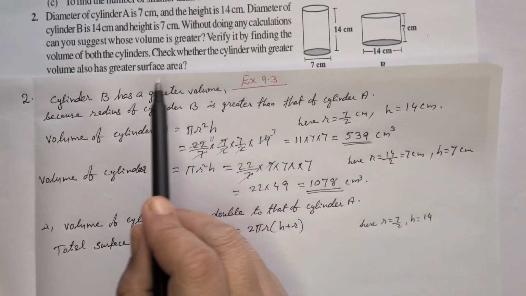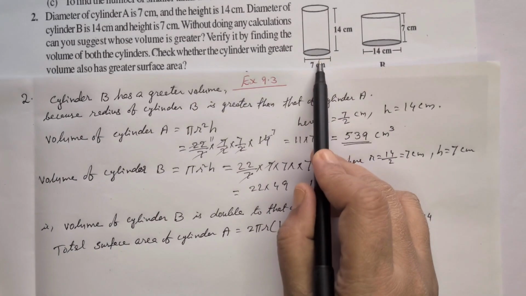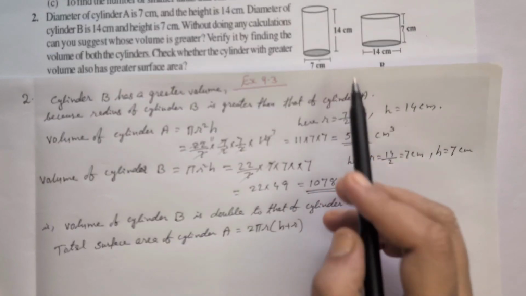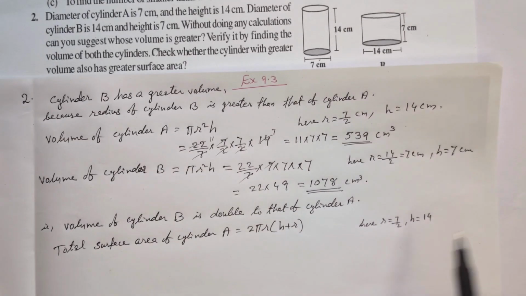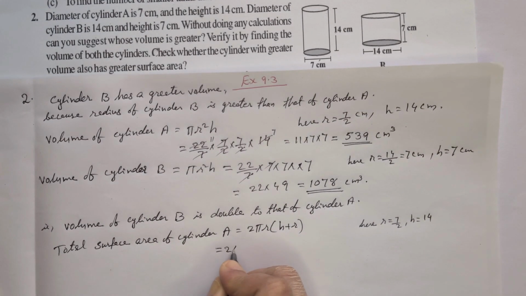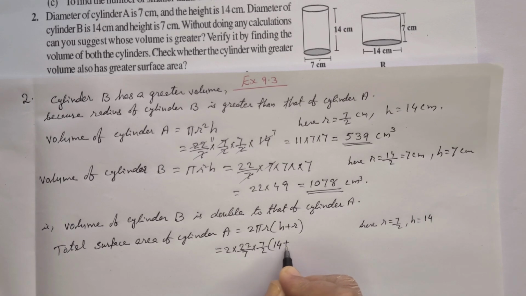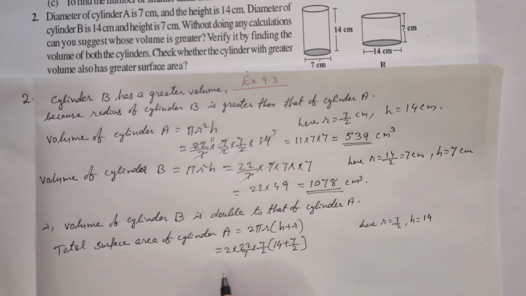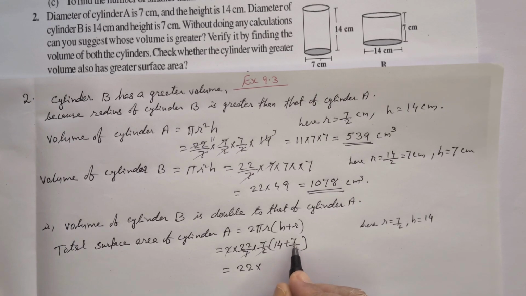Next, find the surface area. So total surface area of cylinder A, the first cylinder. For that the formula is 2 pi r into h plus r. Here r means 7 by 2 and height is 14. We can apply the values, which is equal to 2 into 22 by 7 into radius 7 by 2, in bracket h is 14 plus 7 by 2. 2 and 2 we can cancel, 7 and 7 we can cancel, then 22 into, when we are simplifying this, 14 into 2, 28 plus 7, 35.